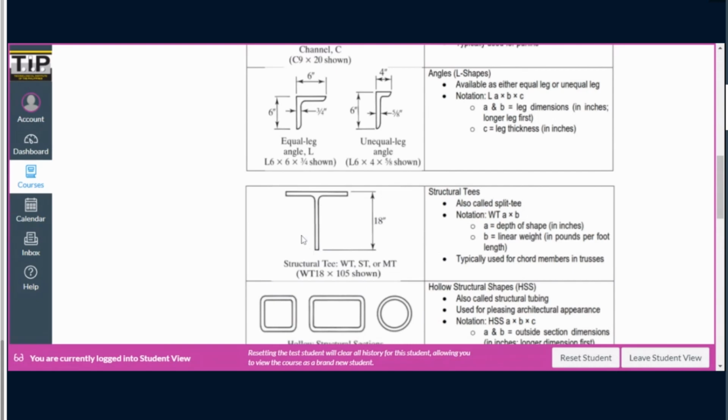That's why they use them for chord members. You do not normally use this for, say, frame members. It is very rare to do so.